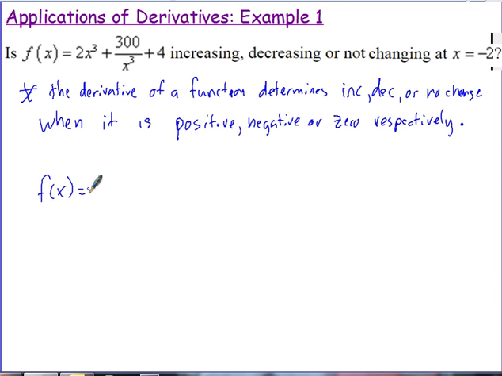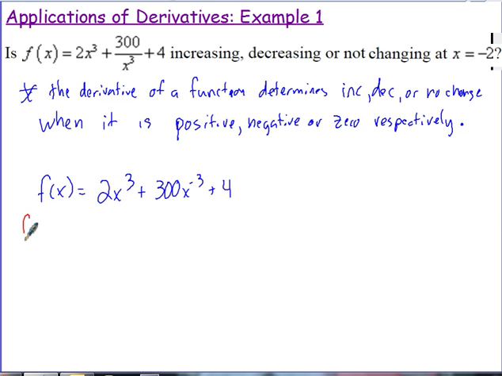Before I take the derivative, do I have to do any changes to my equation? Yeah, this middle term, right? I got to bring it to the top. So what is my real equation? Okay, so that's my equation.